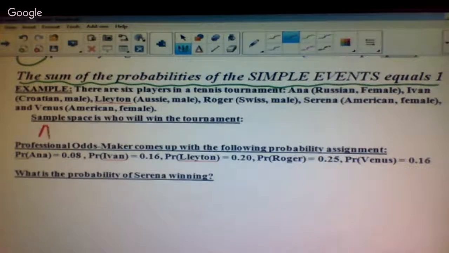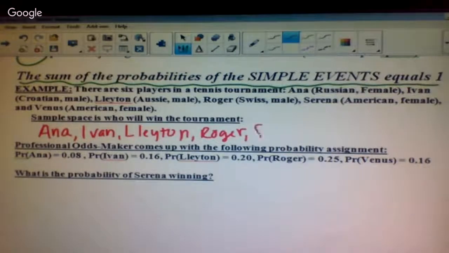So your sample space is Anna, Ivan, Leighton, Roger, Serena, and Venus. That means each individual one of these is a simple event. The probability that Anna is going to win is a simple event. If I add all of these together, it should equal 1.